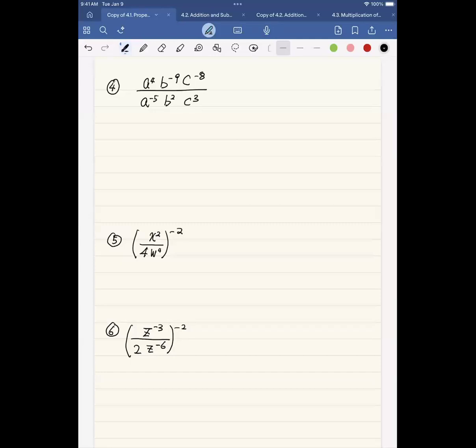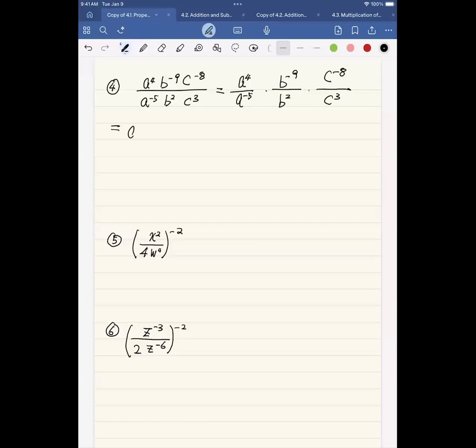To solve the next problem, what we want to do is separate according to the base number. So we will rewrite as a to the fourth power over a to the ninth power times b to the negative ninth power over b squared times c to the negative eighth power over c cubed.